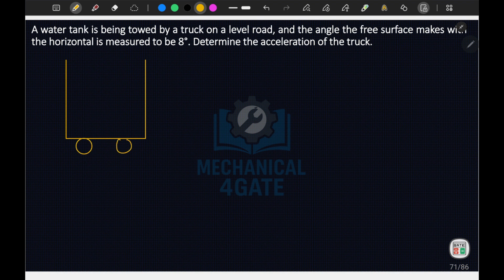There are wheels, and it is kept on solid ground. Initially this was the water level, this should have been the initial water level.